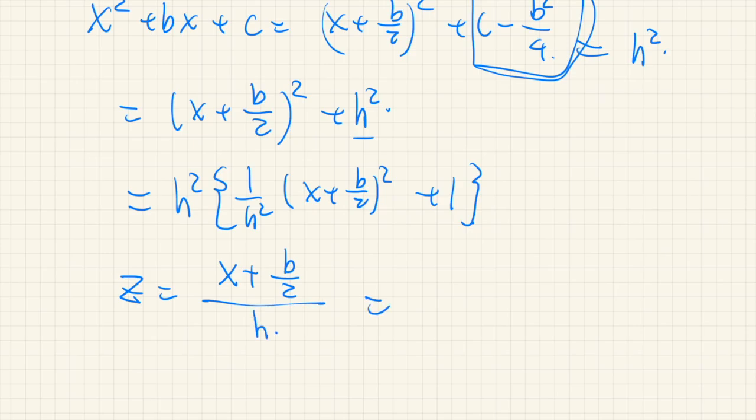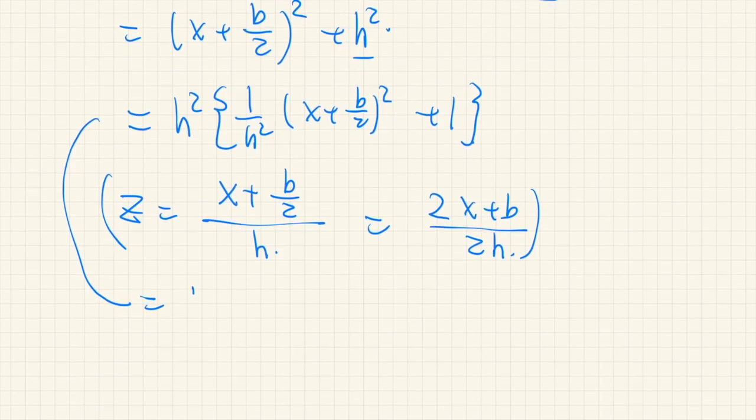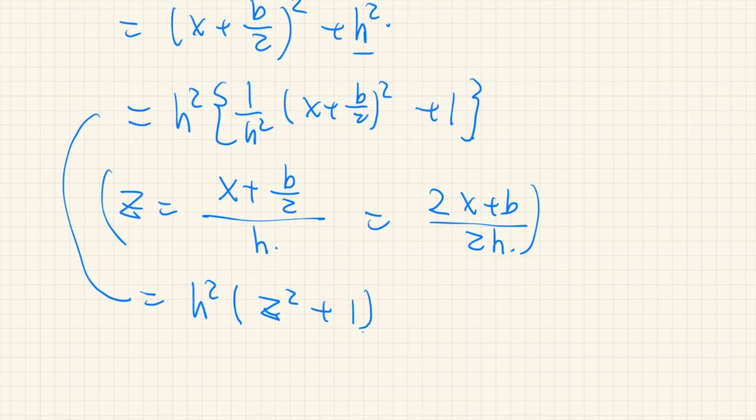So let's simplify a little bit, that will be (2x plus b) over 2h. So under this substitution, this expression becomes h squared times (z squared plus 1). And moreover, from this substitution, dz is equal to 1 over h dx.